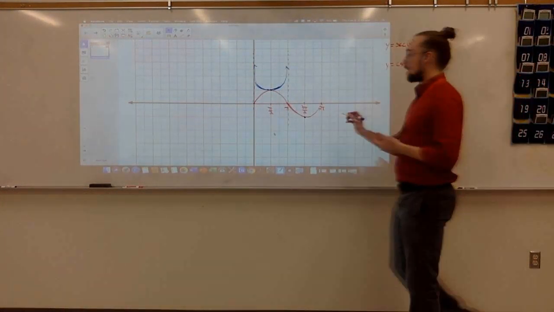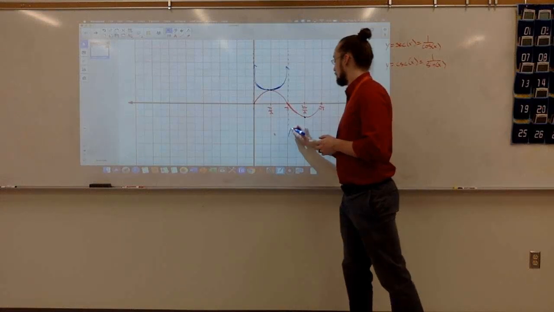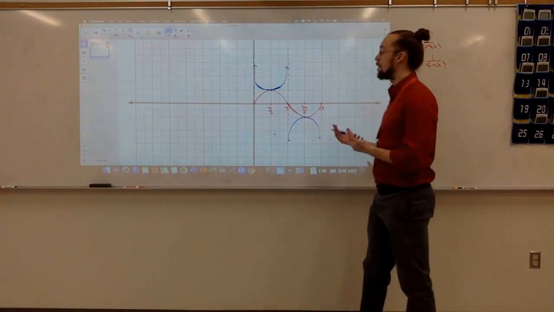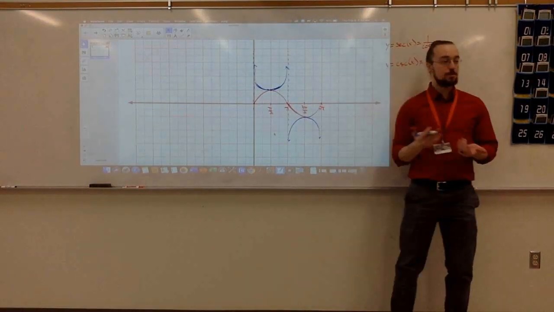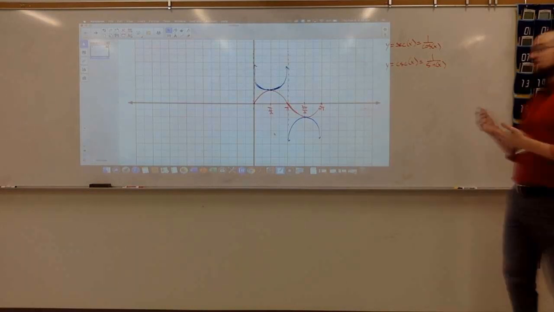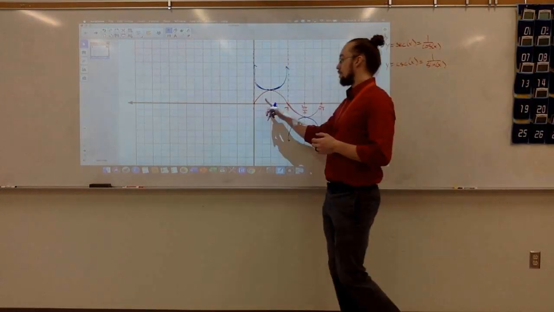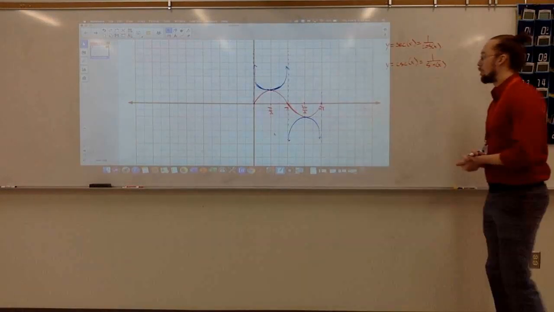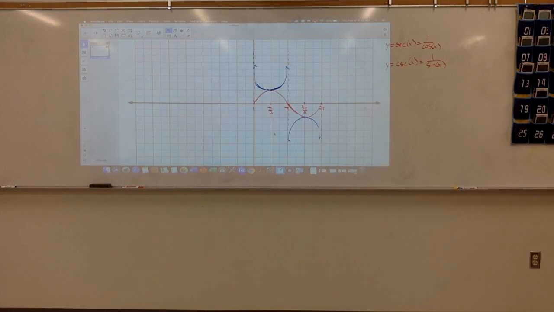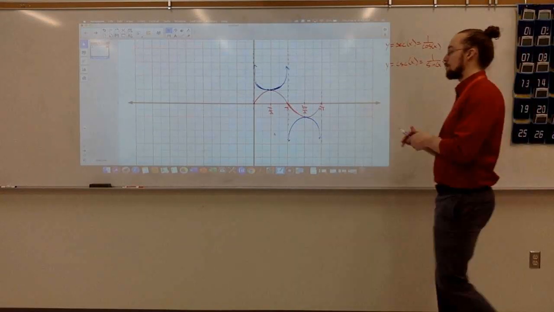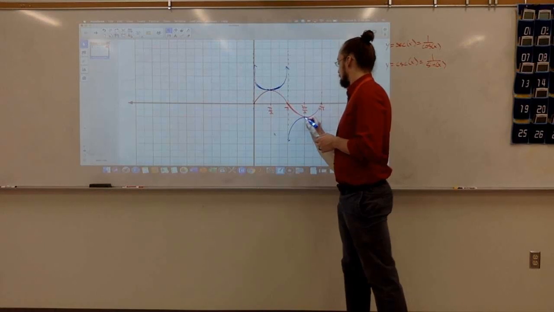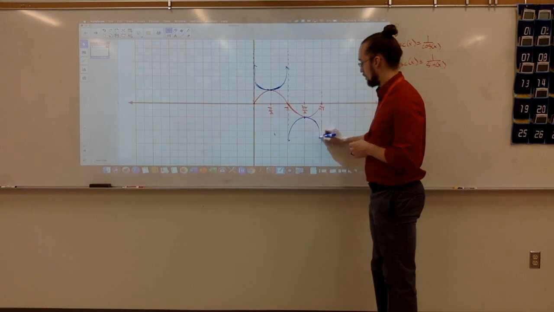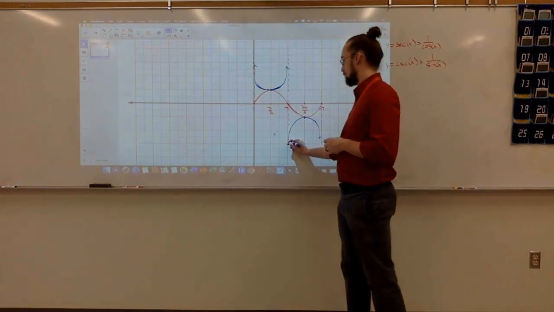So just the zeros. If there aren't any shifts, it would be the zeros. So if we think about taking the reciprocals of some of these values, we end up with a curve like this.